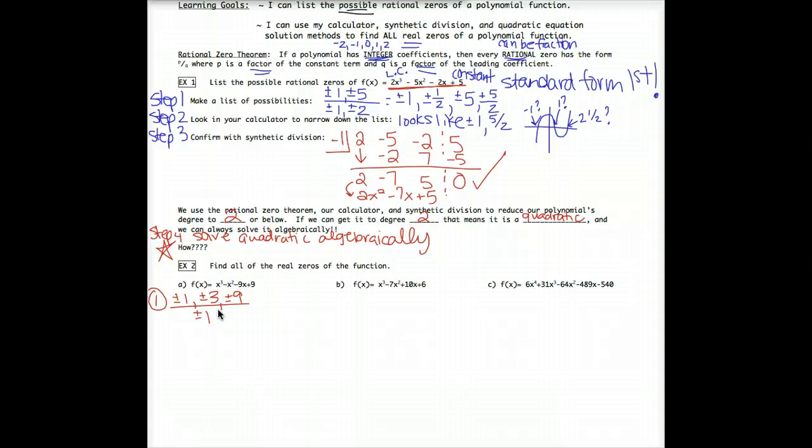We love when that happens because it makes life a lot easier, because over 1 just means these are the possibilities: positive and negative 1, positive and negative 3, and positive and negative 9. So any zeros that I see when I graph this should be one of those for the rationals.